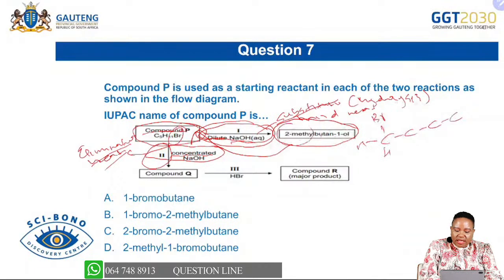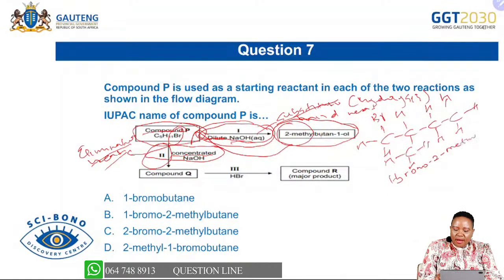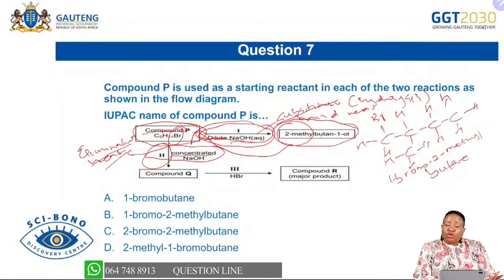And then we are told that in carbon number 2 is a methyl. So go back and draw the same structure and see if you can get that name. So our structure is going to be 1-bromo-2-methylbutane. So already you can see that it's not a straight chain haloalkane.